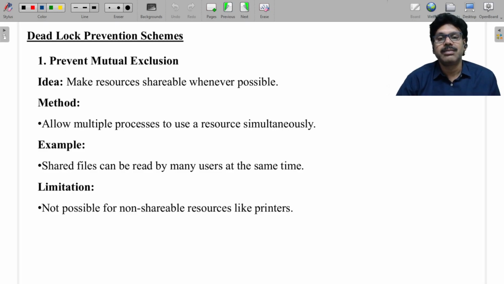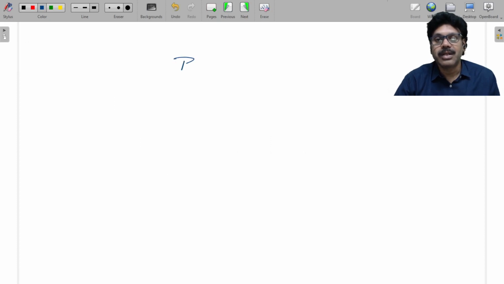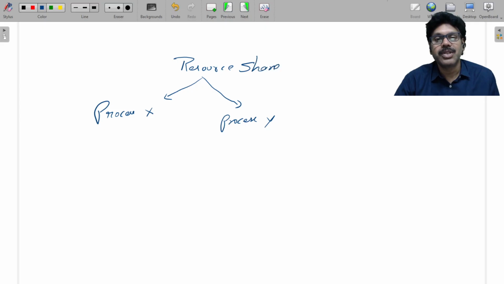First one is to prevent mutual exclusion. How can you prevent mutual exclusion? By using a concept called sharing. When a resource is available and I am able to share it with different processes, the processes do not need to be in waiting states, because the resource is in shared mode.